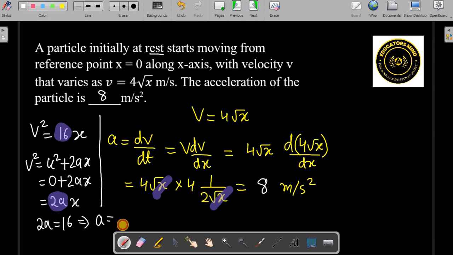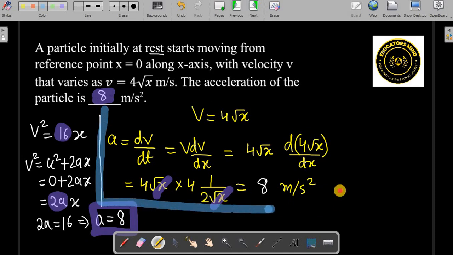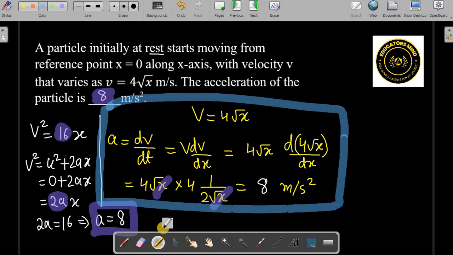So a will become equal to 8. Okay. This approach can be only used when it's a constant acceleration, or v is proportional to root of x, right? Otherwise this second approach that we are using here, that's a fundamental approach. We should go with this in case things are given different. Okay, let's move next.